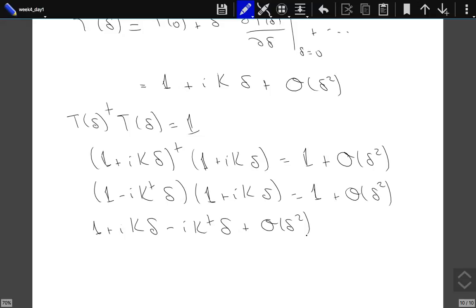I'm ignoring this product, which is of the order of delta squared. This should be equal to 1 plus corrections of the order of delta squared. You see, this one cancels this one over here. Up to terms of the order of delta squared, this should be 0.